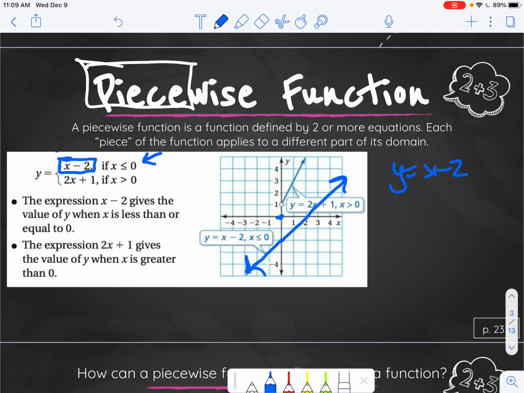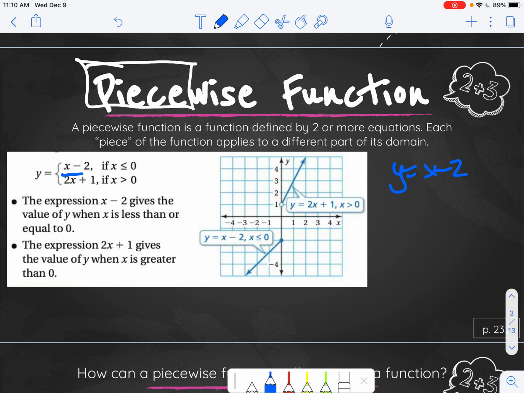So 0 obviously is right here, and we only want to use this line of x minus 2 when x is less than 0, so when it's on that side of 0. So we're taking off this top part of the function, and we're saying, all right, we only want this bottom part, this part from 0 and into the negative.